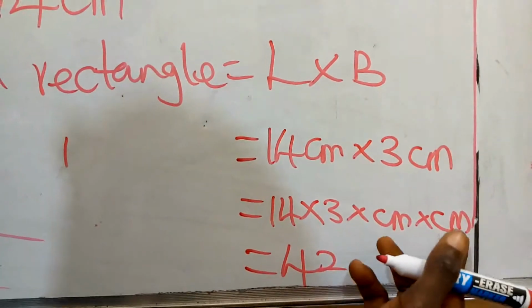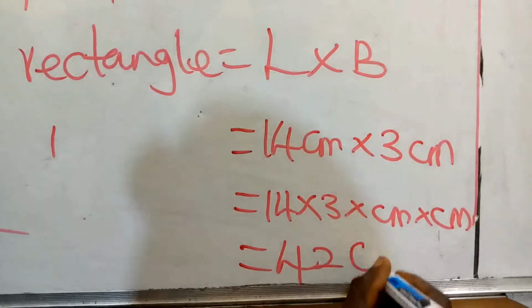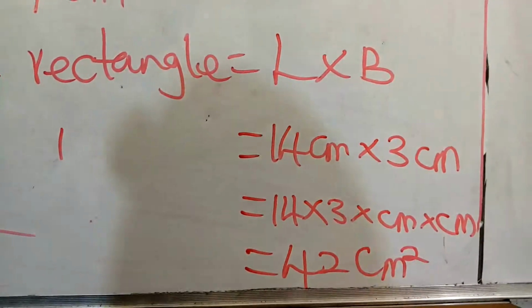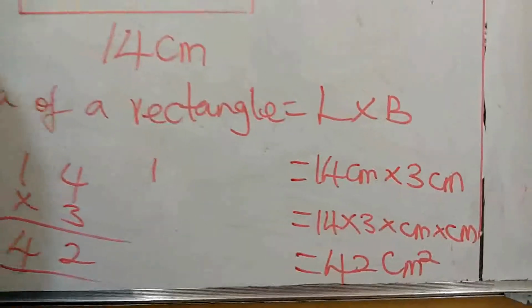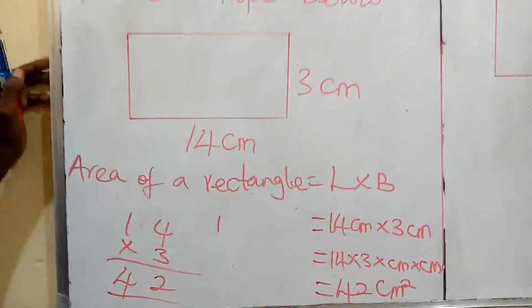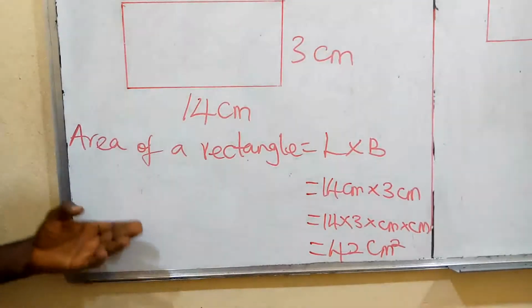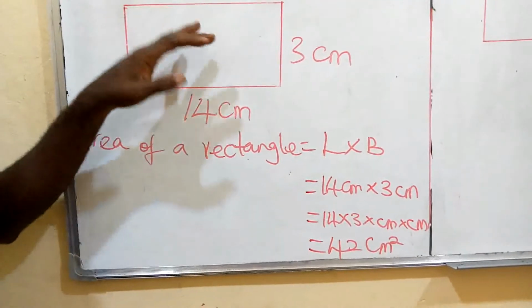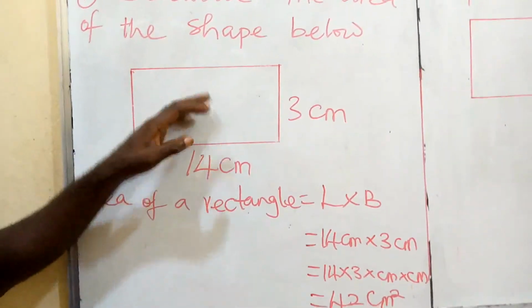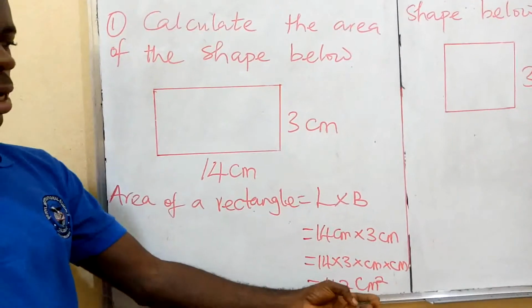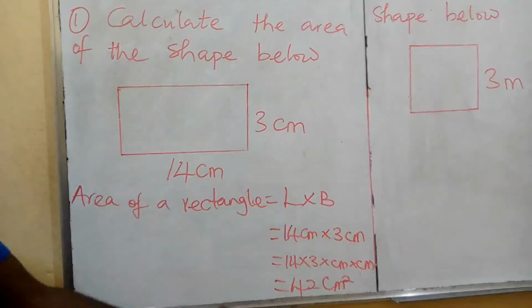While cm times cm is cm squared. That is the area of the given shape. The area of this rectangle is 42 centimeters squared. That is our answer.